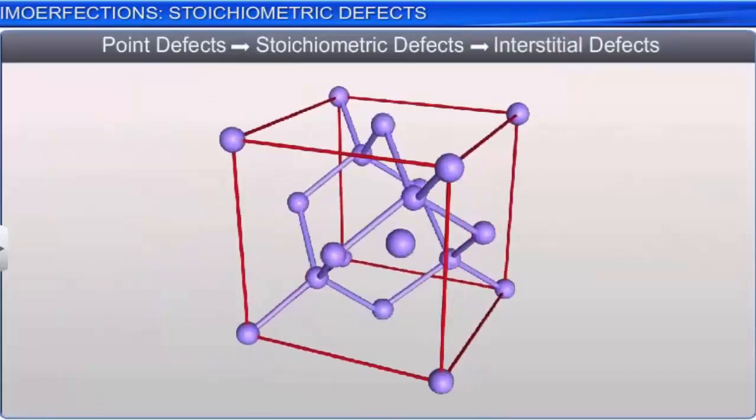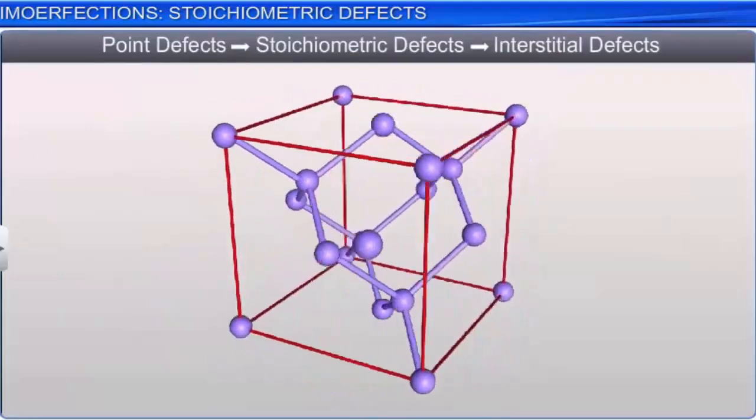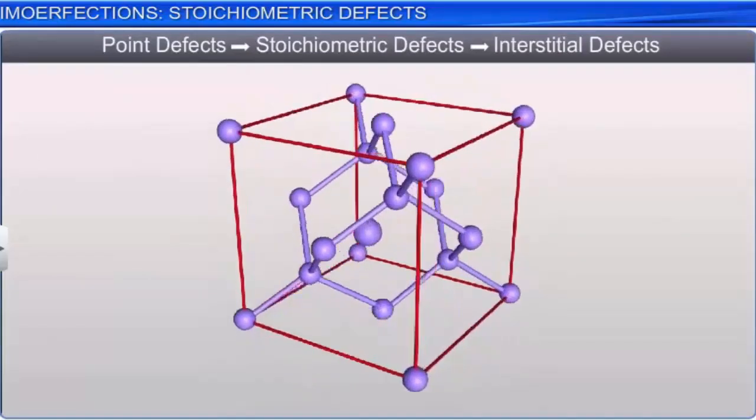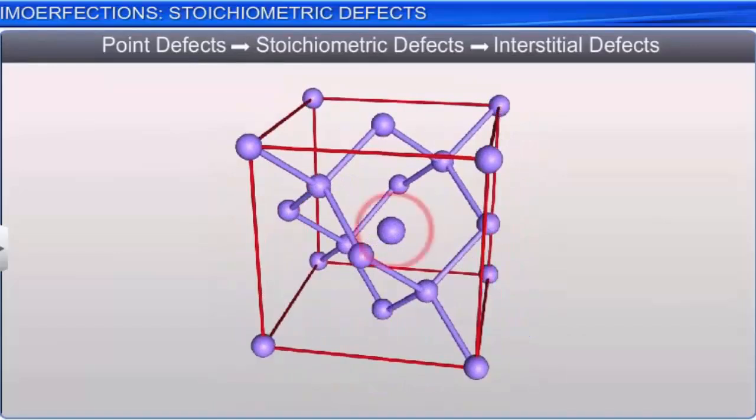On the other hand, an interstitial defect arises when some of the constituent particles occupy the interstitial sites in a crystal lattice. From the figure, it is evident that some constituent particles occupy the interstitial sites in a crystal lattice.